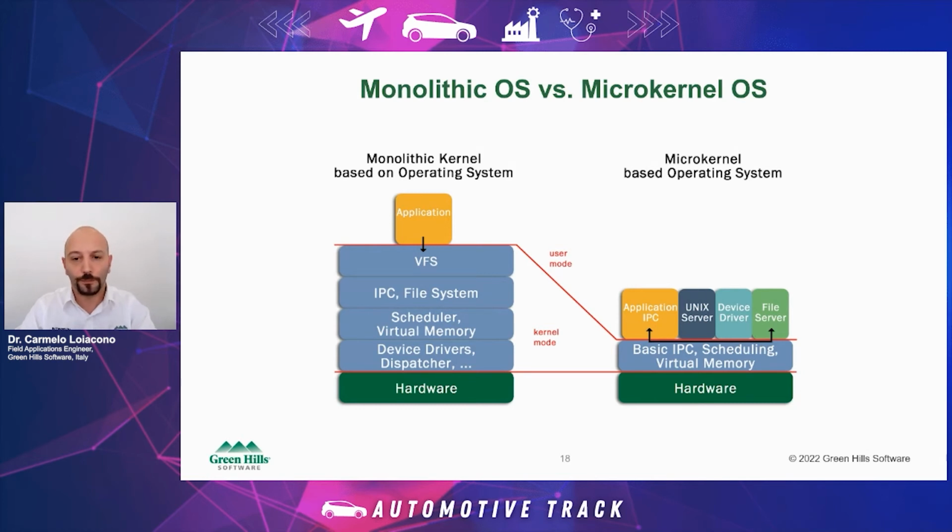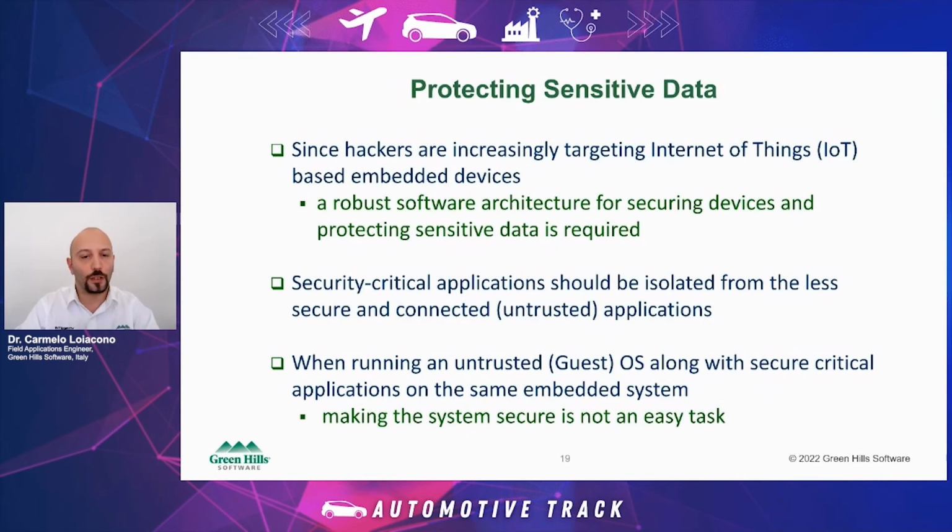On the other hand, the microkernel just runs the basic services in kernel mode, and all other services are running in user mode. The advantage of the microkernel is that there are few lines of code, and you don't have to test a lot of software, so the probability of having a bug is very low.